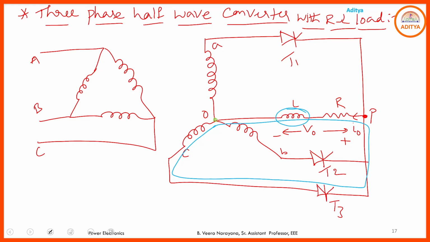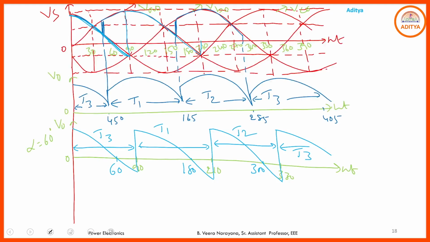After that 60 degrees, even though negative voltage is available across T3, the energy stored in the inductor maintains the on state of T3 continuously, even though the negative half cycle is available across T3. Why? Because the energy stored in the inductor is discharged through the load through the same thyristor. Hence T3 will be continuously in the on state.